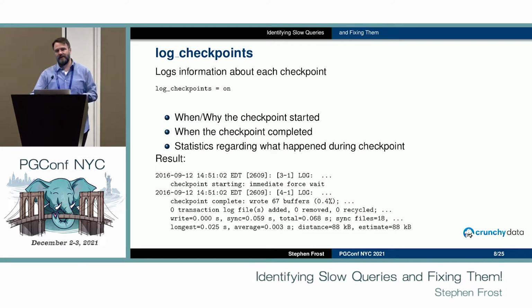But what that means is that we're going to be checkpointing much more frequently. And if we're checkpointing more frequently, again, that's going to have an impact on your query performance and on your system. Because checkpoints that happen more frequently are also going to tend to make your write-ahead log volume larger in terms of the amount of data you're writing, because we write what are called full-page images after every checkpoint.